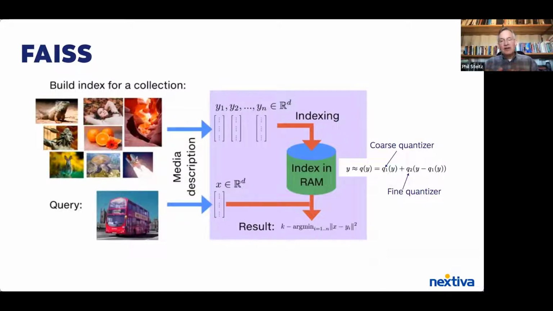And then what it does is a very clever thing. It says, okay, I don't want to have to look at every single Y when I feed in an X, which is a query that I'm trying to match. So what I'll do is extract a set of reference points, and I'll take each of my Y's that come in and locate them with respect to those reference points.